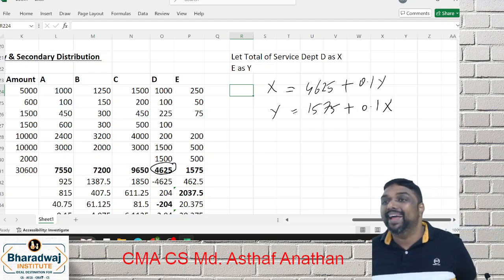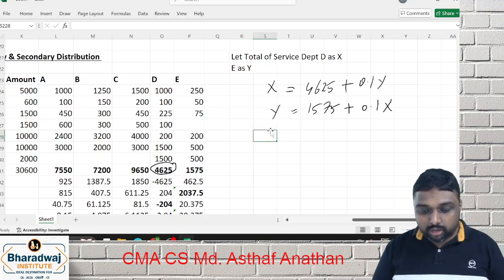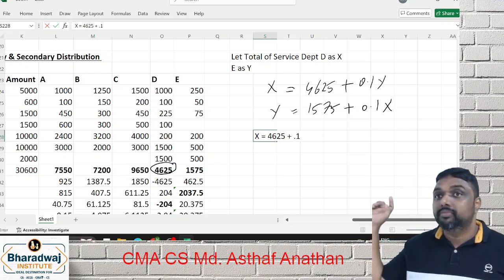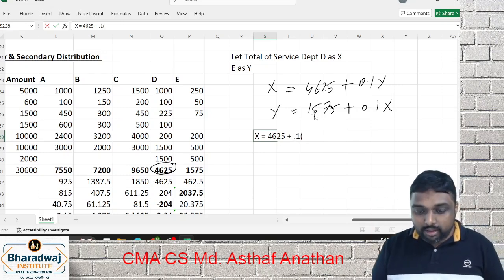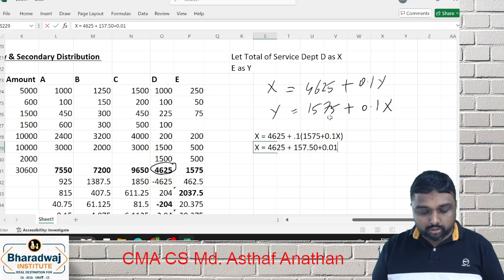Now you have to go to maths. In maths, what will you do now? X is equal to 4625 plus 0.1 of Y. So Y means 1575 plus 0.1X. Now you have to solve this. X is equal to 4625 plus 157.5 plus 0.01X.